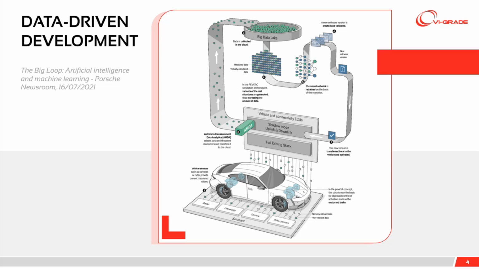You then use this data, complemented by synthetic data, which you derive with digital twins, to drive your software development process. Then the new software you build is tested and validated.